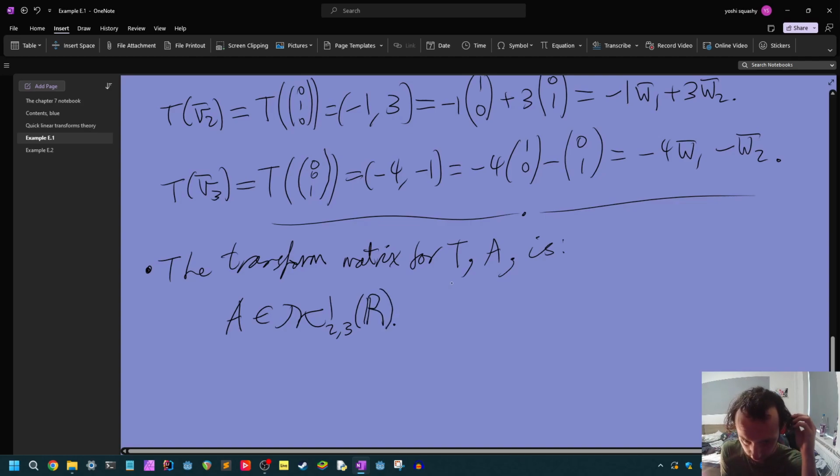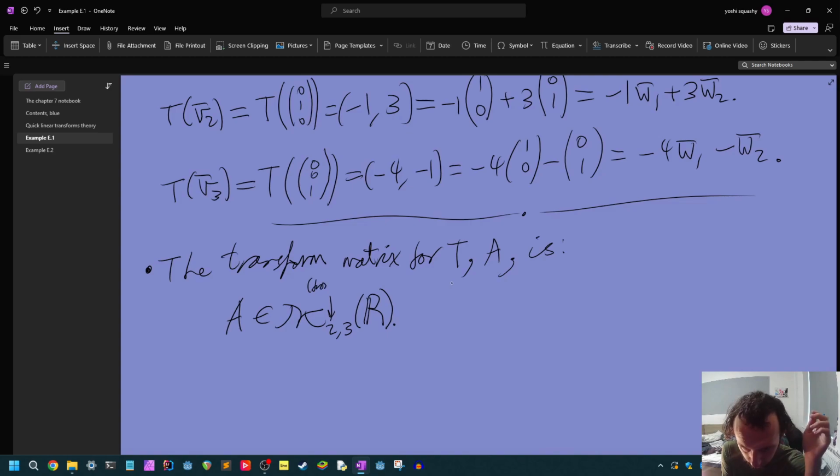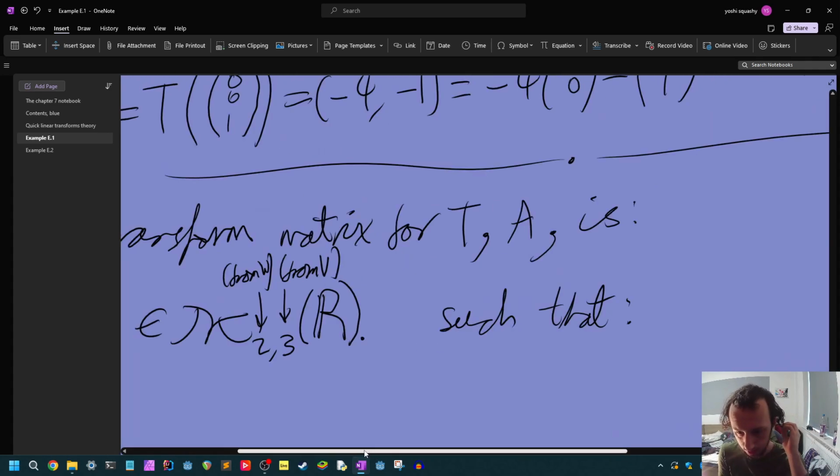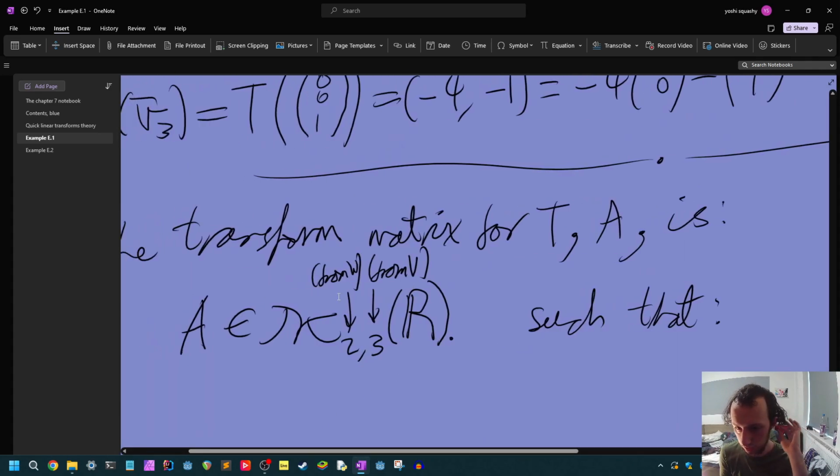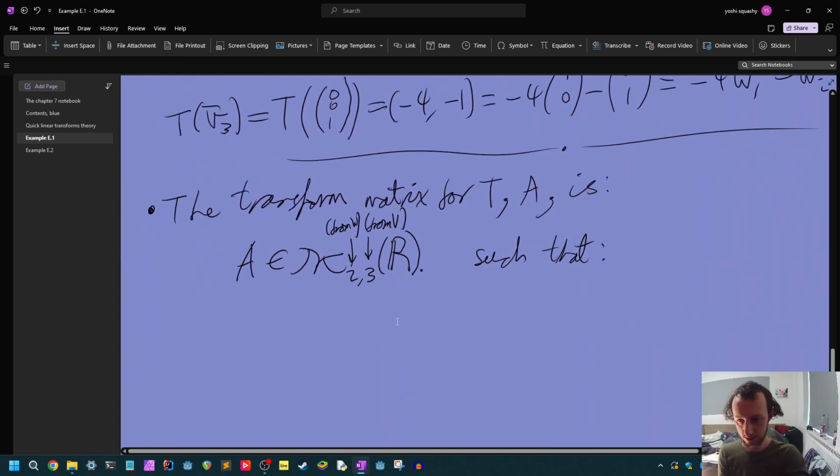So this is from W, and A is of that set such that this is from V. Sorry if that's a bit small, maybe zoom in for a second so you see what's going on. So remember, because V was R cubed and W was R squared, we have it like this. So it's a 2 by 3 matrix, and what is it?